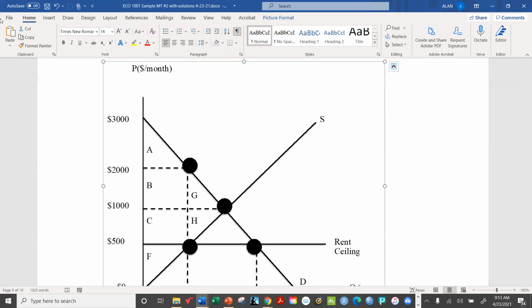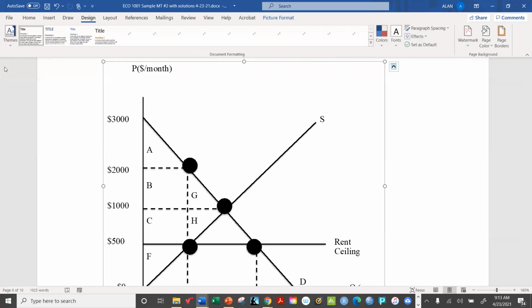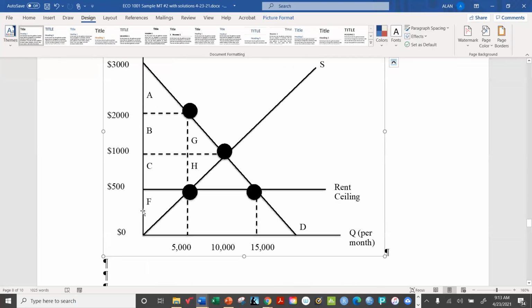So now everything's different, isn't it? So for the consumer surplus, now the rent is only $500 a month. So in the new situation, 5,000 units are being produced or rented at $500 each. Okay, so that's kind of a problem because that sharply reduces the producer surplus.